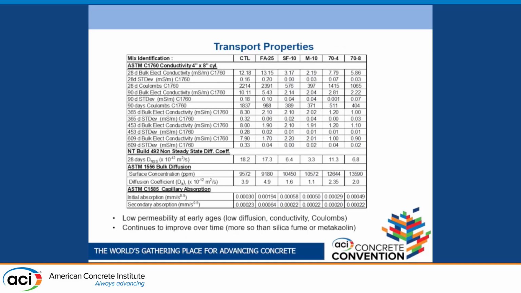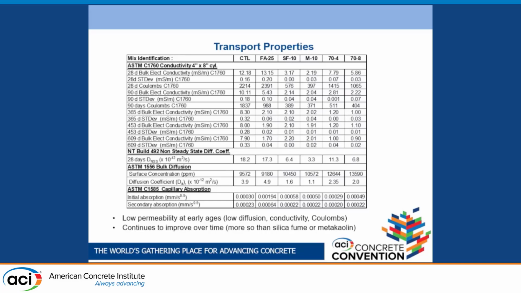And transport properties, which we looked at over long periods of time, not just 28 or 90 days. We went all the way out, over like 600 days or so, or 900. We're looking at conductivity, which is directly related to permeability.